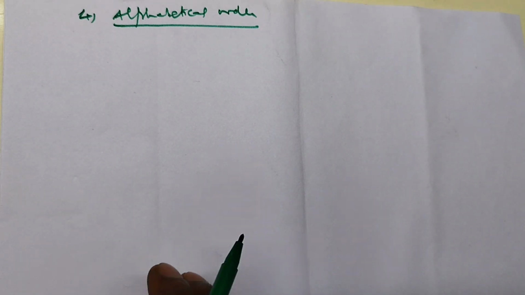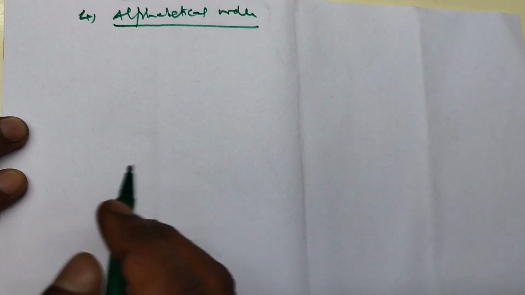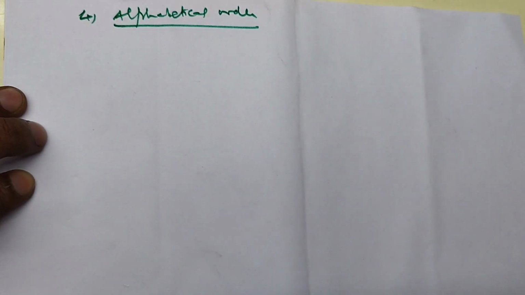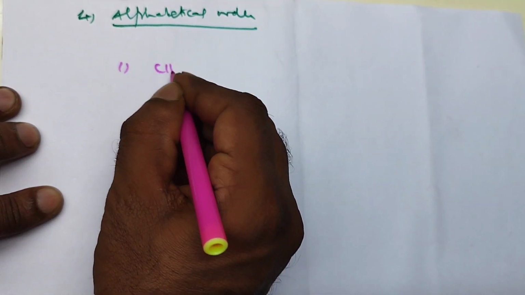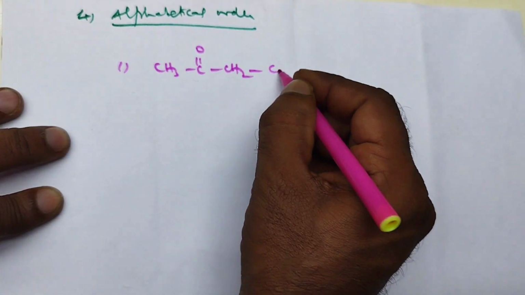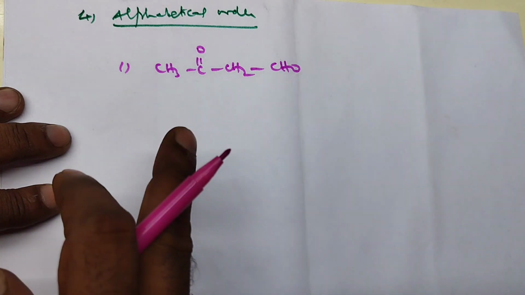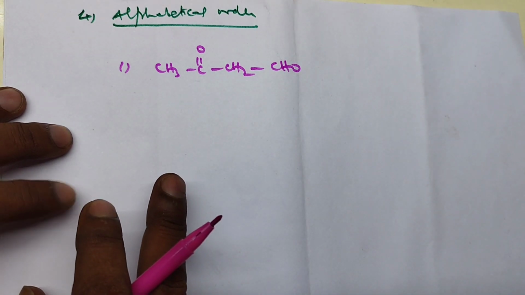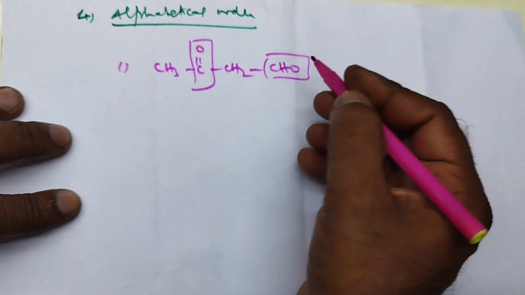Based on these four rules, we will take some compounds and name them in a systematic manner. First, take the compound CH3-CO-CH2-CHO. Here the compound contains two functional groups, a ketone and an aldehyde.